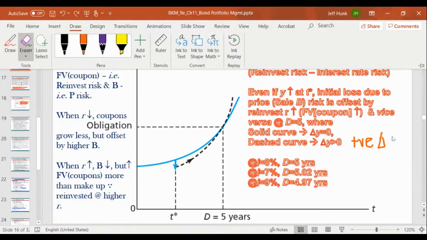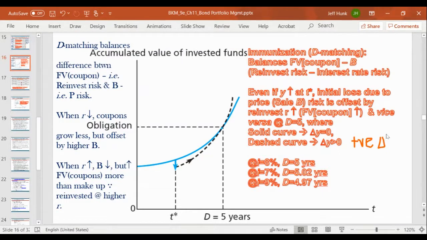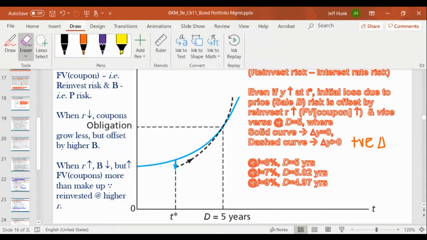Positive change. Okay, I'll just settle for that.